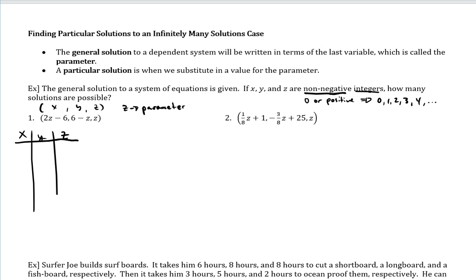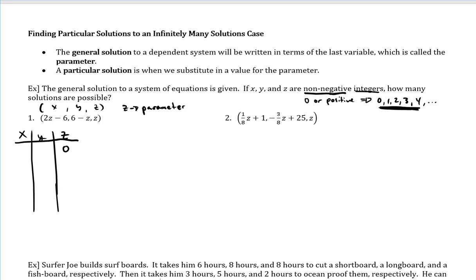I could try to plug 0 into the x value, but then I'd actually have to solve some things. So instead of starting with x, it's easier to start with z. Since z is the parameter, it's usually best to plug in values for z.